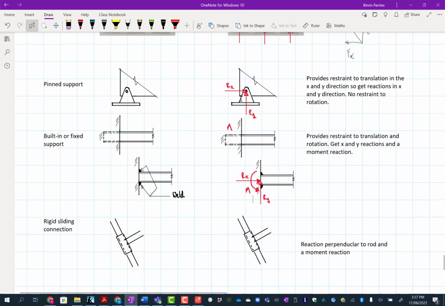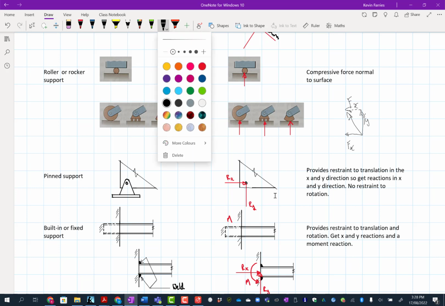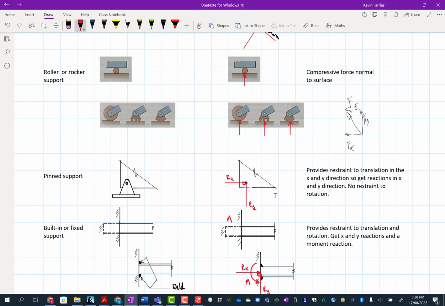One thing you should note here, these are not really free body diagrams because I've drawn that support. In fact, let me just, that should not be there. The hole can be there because that's part of the original beam. But in a free body diagram, you should not be drawing the actual supports.